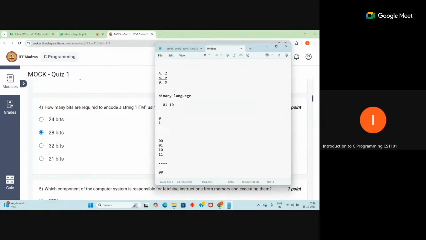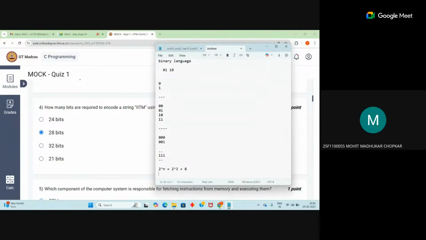If we take three bits, 000, 001, and so on, it can represent 8 different values, or simply we can say 2 power n values, where n is the number of bits that we are using. If we are using 3 bits, 2 power 3 is 8 values. If we are using 4 bits, 2 power 4 is 16 different values.